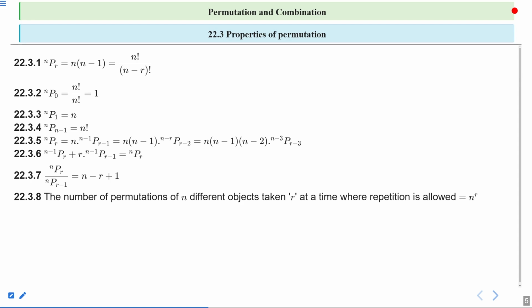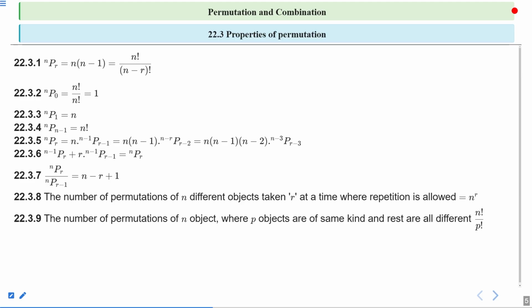The number of permutations of n different objects taken r at a time, where repetition is allowed, is n to the power r. The number of permutations of n objects where p objects are of the same kind and the rest are all different is n factorial upon p factorial.